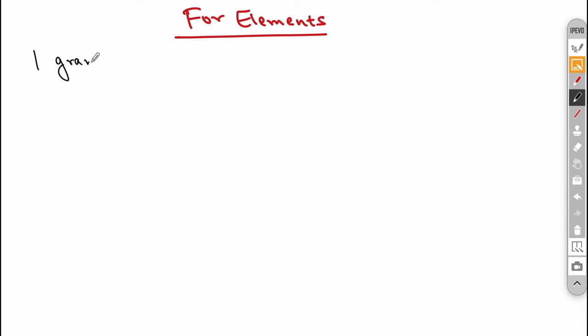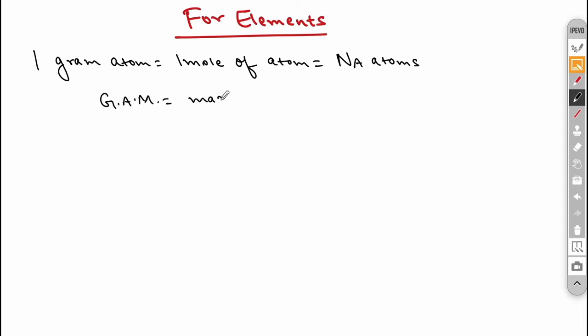Now we'll move further and we'll write that for elements, 1 gram atom is equal to 1 mole of atom, which is basically Na atoms, and gram atomic mass can be written as the mass of Na atoms in gram, right?